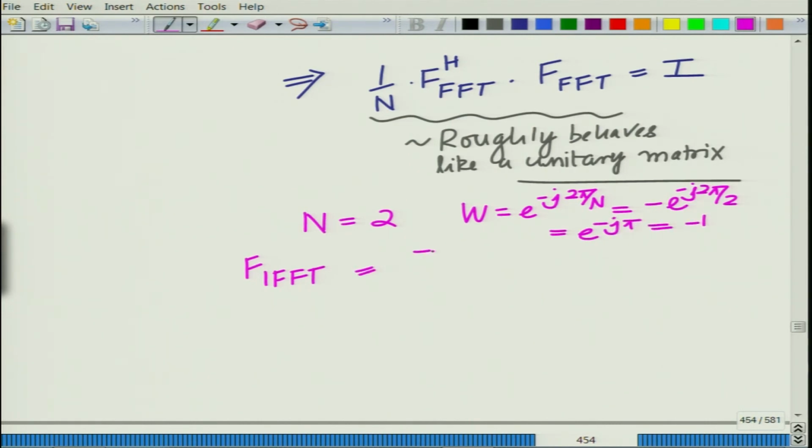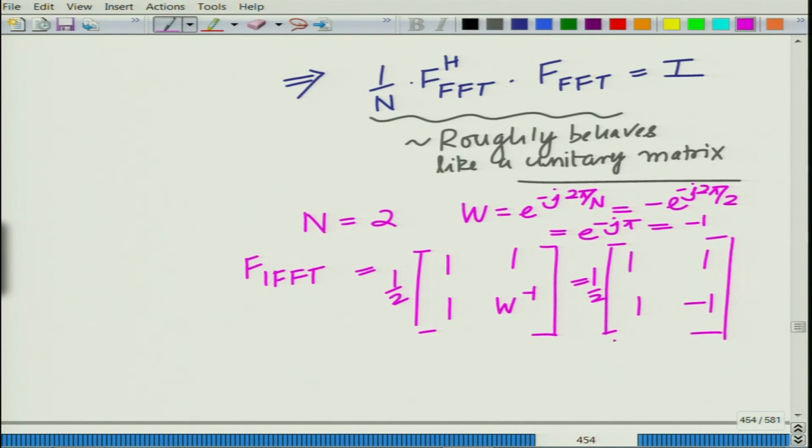So, F IFFT equals 1 1 1 W raised to minus 1, or W inverse, and of course there will be a factor of 1 over 2, not to forget that, and that is essentially 1 over 2 times 1 1 1 minus 1.